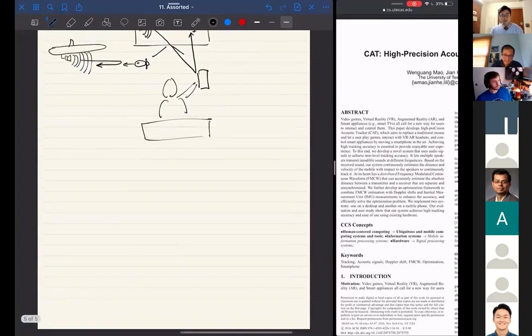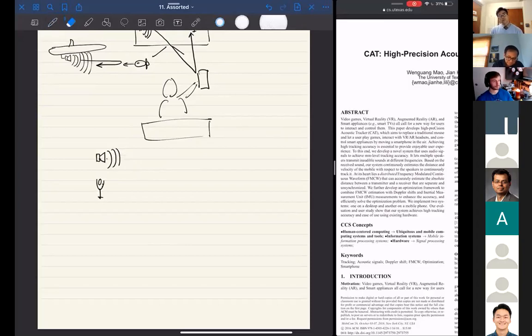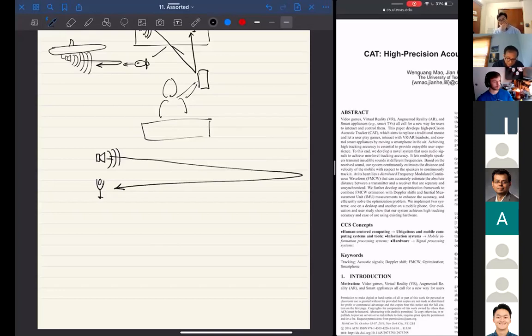The technical challenge is when you transmit this signal, and when the signal comes back at your microphone, the signal that you're transmitting also comes directly to your microphone.